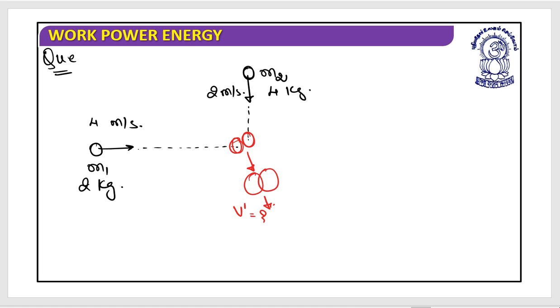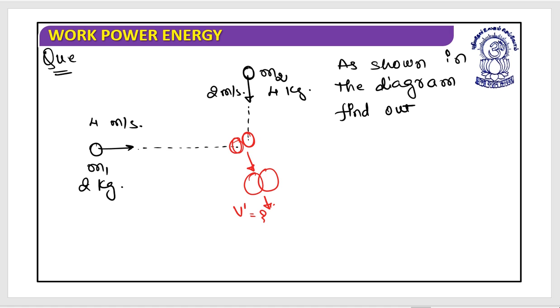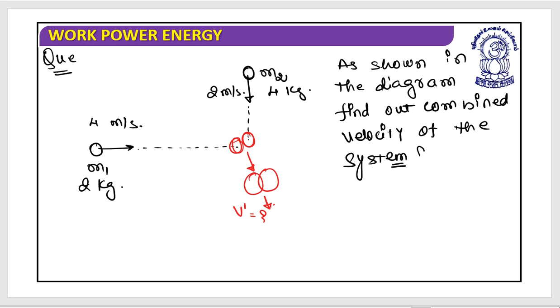So the question is: as shown in the diagram, find out the combined velocity of the system.